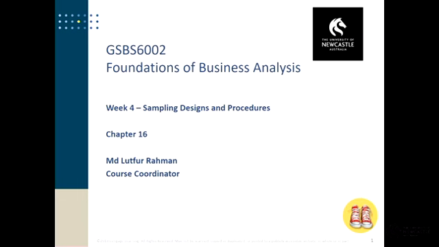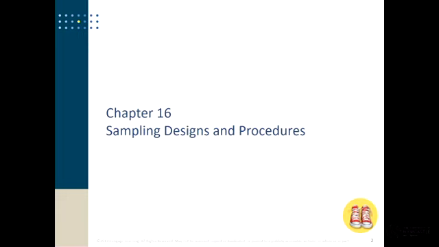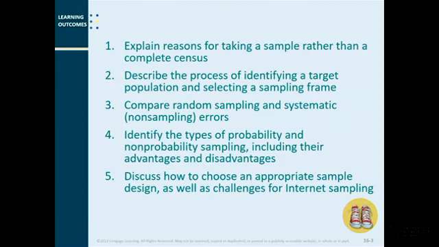Now you need to determine your sample, those who will actually be answering your questions. So basically, we will start by discussing why we need to go for a sample rather than a census. That means, why don't we examine all the potential elements or all the potential respondents? Why do we just go for a subset of them?